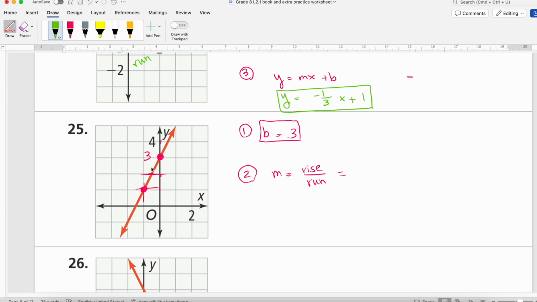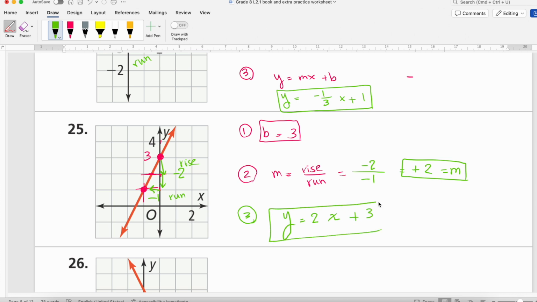What's my rise? I will go down 1, 2. 2 negative is my rise. What's my run? 1 to the left, so 1 negative. So it's negative with negative, positive. 2 divided by 1 is 2. This is my m. Now last step, y equals mx plus b. That's it.